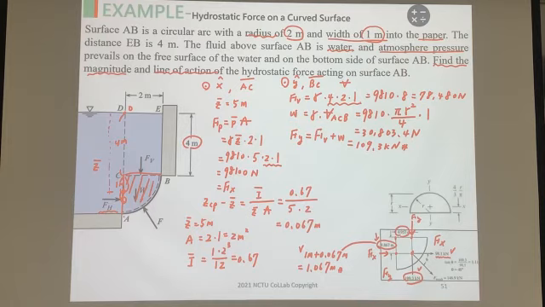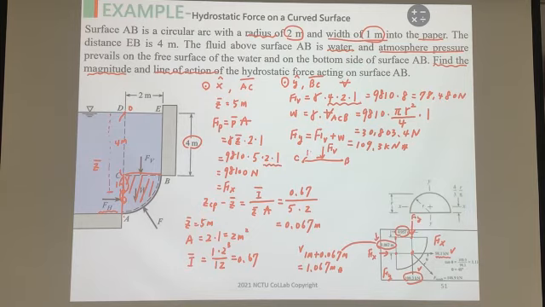So we got it, but we didn't know where is the location for Fy. We didn't know where is the location for Fy. Okay, so how can we compute it? So now this is the hinge point C, and we know this is B. We know the FV acting on here, and what is the distance?